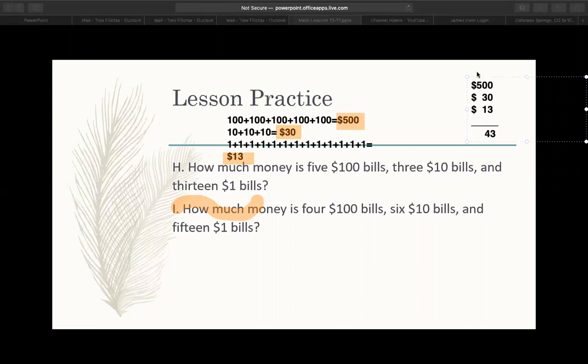And finally, looking at our hundreds place, we can just drop that 5 down because 5 plus 0 equals 5. So our sum is $543. This would be the answer to number H.